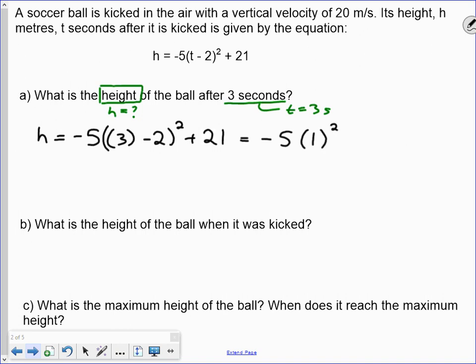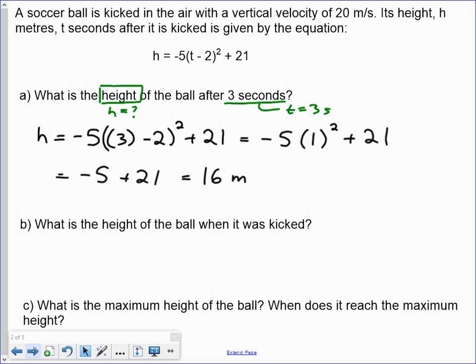So we'll have 1 squared, and we're going to keep everything else exactly the same. And then we can do our exponent. 1 squared is just going to be 1. So that's going to be -5 plus 21. -5 plus 21 is 16. So the height of the ball, h equals 16 meters after 3 seconds.